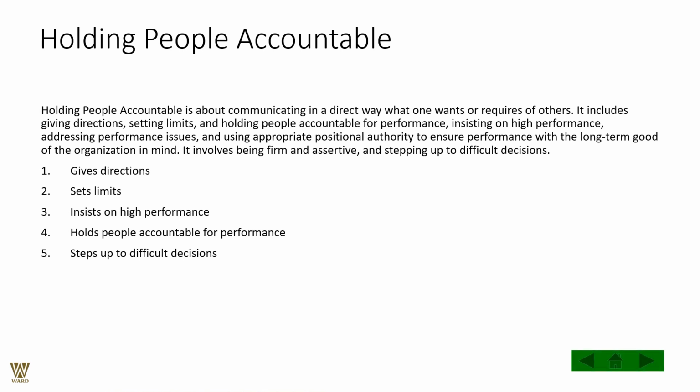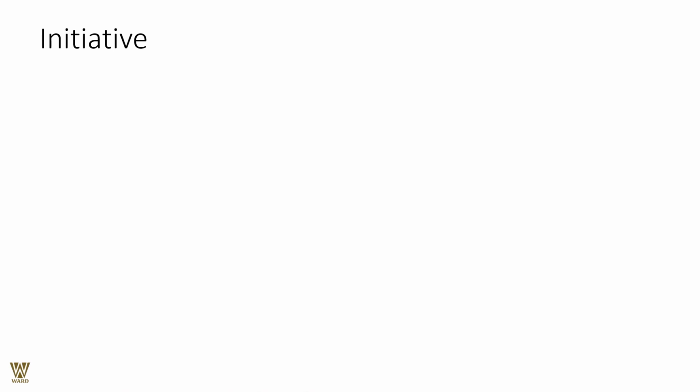So we need to set limits, hold people accountable for performance, insist on high performance, address the issues then and there, using appropriate positional authority, give them direction, set limits, insist on high performance, hold people accountable for performance, and make difficult decisions as the case might be.